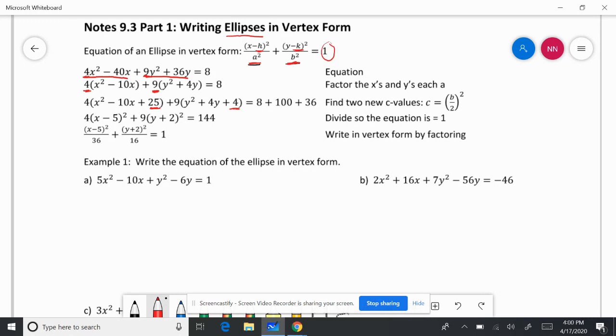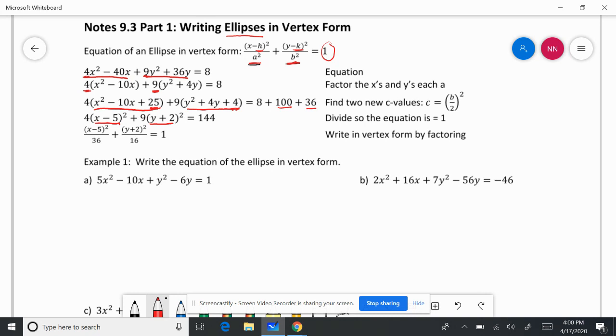Notice that 25 times 4 gives us 100. 4 times 9 gives us 36. We factor our trinomials, and we get the x minus 5. We factor the trinomial, and we get the y plus 2. Now this is where it deviates a little bit from the circle.